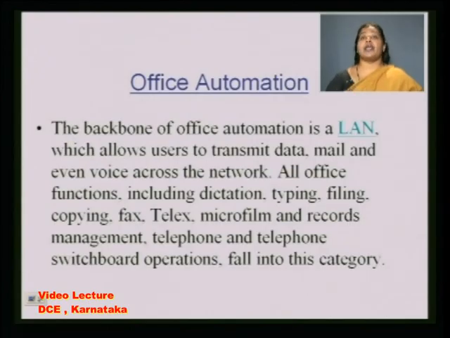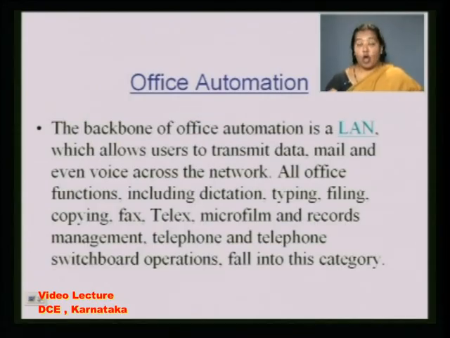Then you can type it. After typing, instead of sending by post, you can email it. Then you can connect your telephone network to your computer. And through the computer a telephone also can be operated. Then you can send fax, you can send pictures, that is, you can send photos also.